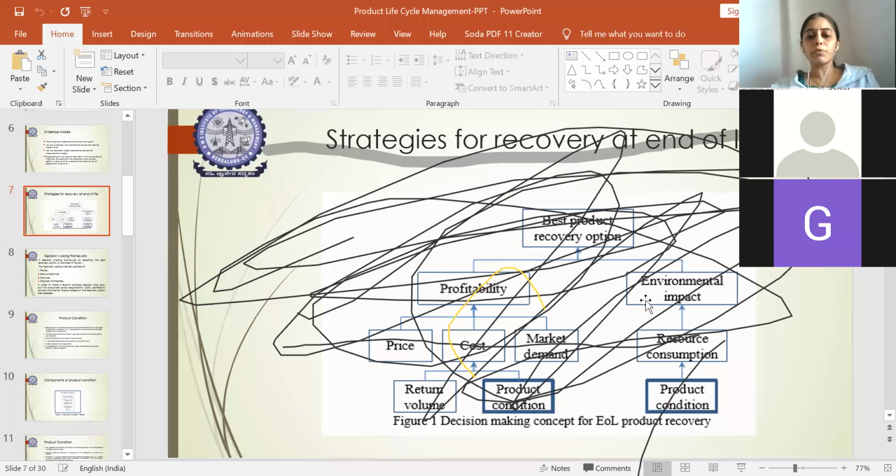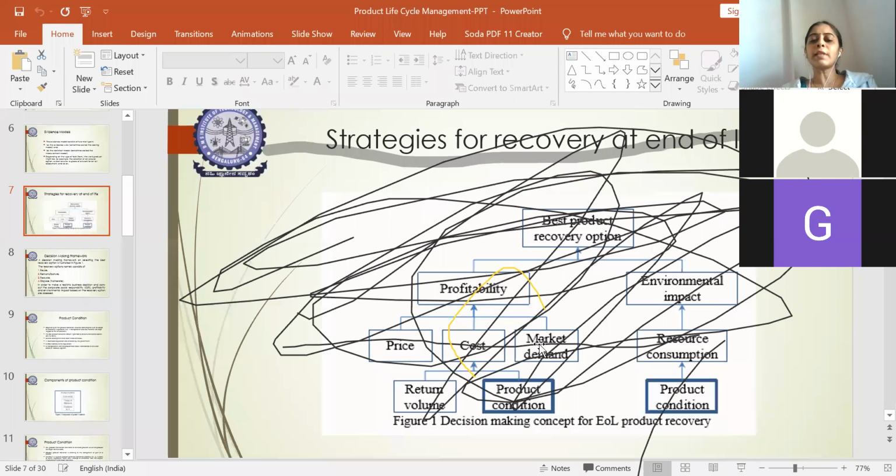First of all, it should depend upon the condition of the product. The condition of the product is evaluated based on two conditions. So what is the written volume of the product in its entire life cycle? The written volume speaks about the sales and the profit associated with the product.